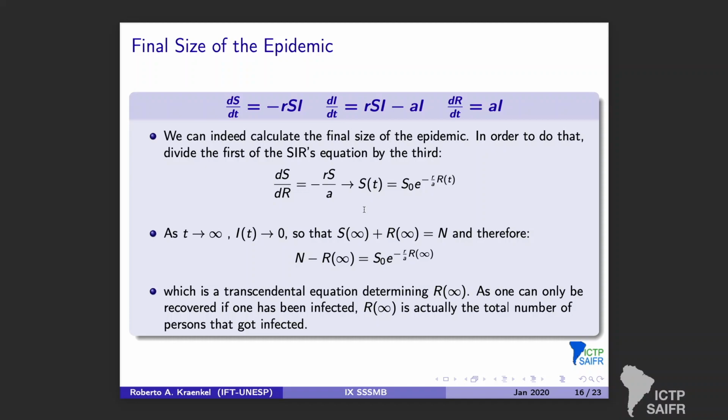So, r over a is what? It's the R0. Yes? But here, it is multiplied. So this would be, if you want, minus beta over a times s over n. Okay? But now we are not at the initial point.